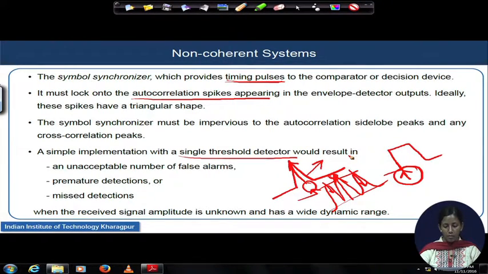But a single detector, though it is the easiest one, may result in some false alarms.